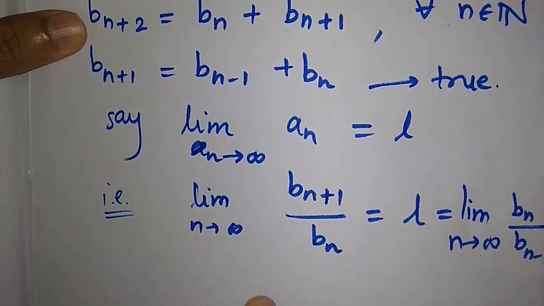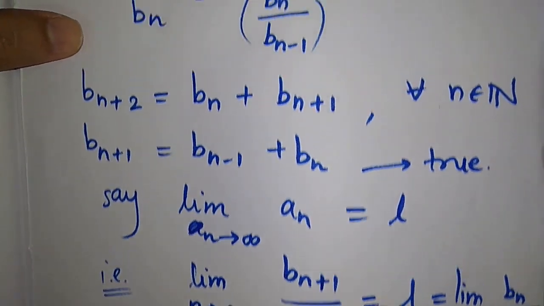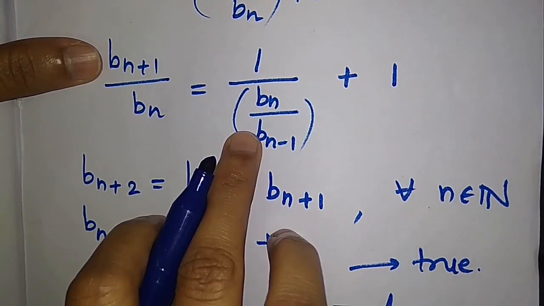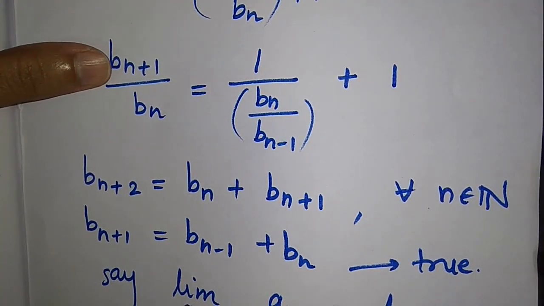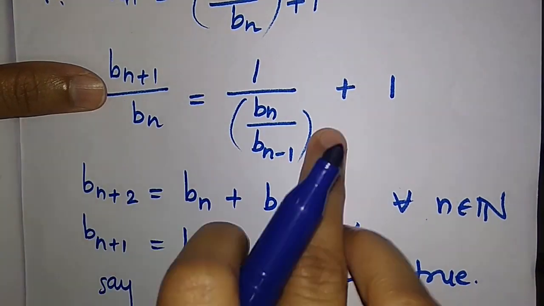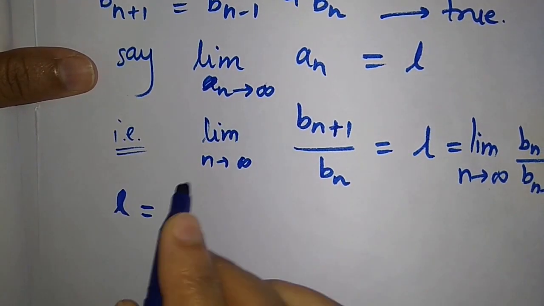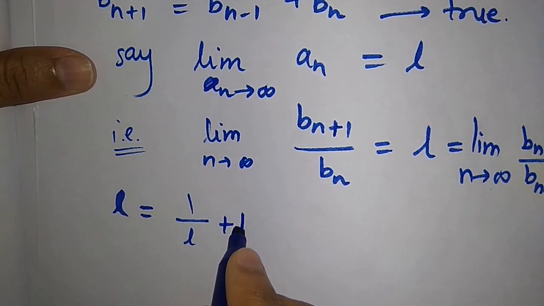And now you just put this L here, so to find out the value of L, taking the limit on both sides, we will get L is equal to 1 upon L plus 1.